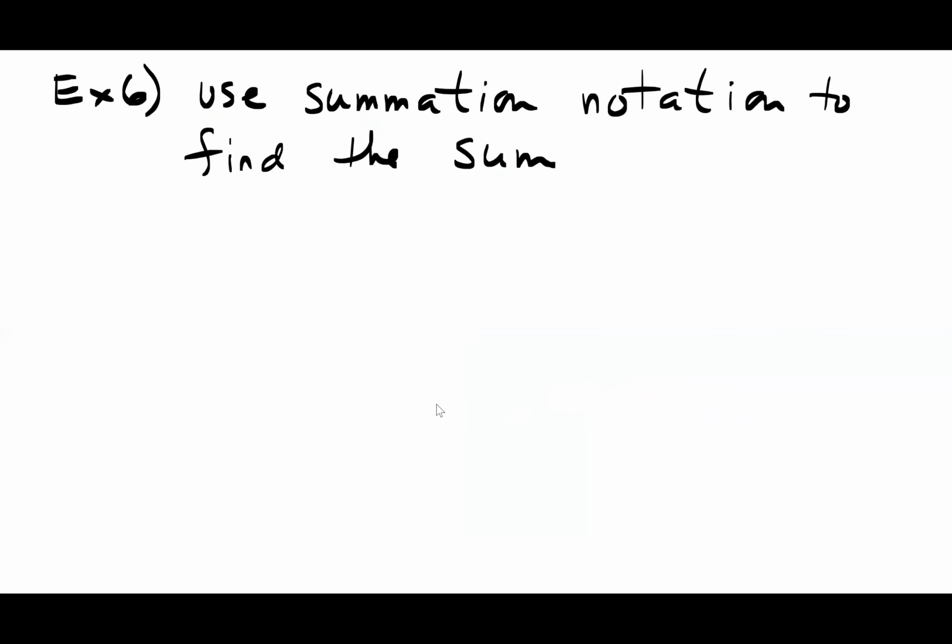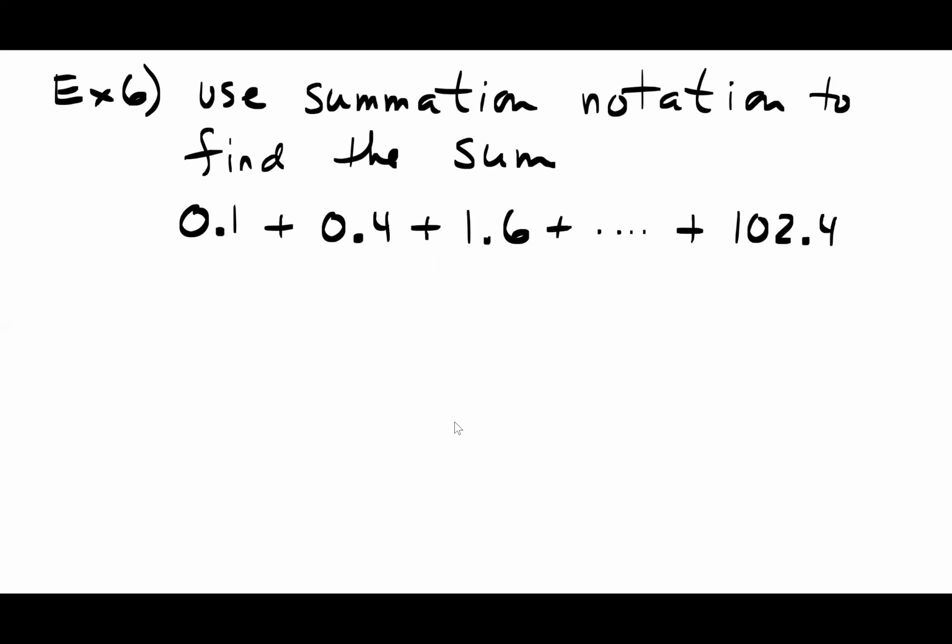That's what I wanted to see. Okay, so here it is. Here's what I got. 0.1 plus 0.4 plus 1.6 plus all the way up to 102.4. I want you to set this up in terms of sum notation.